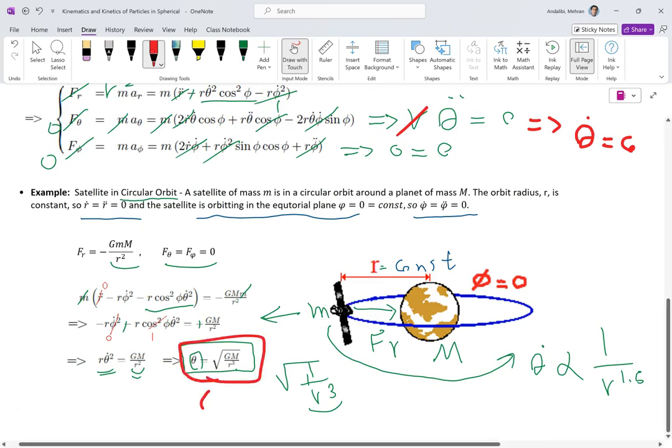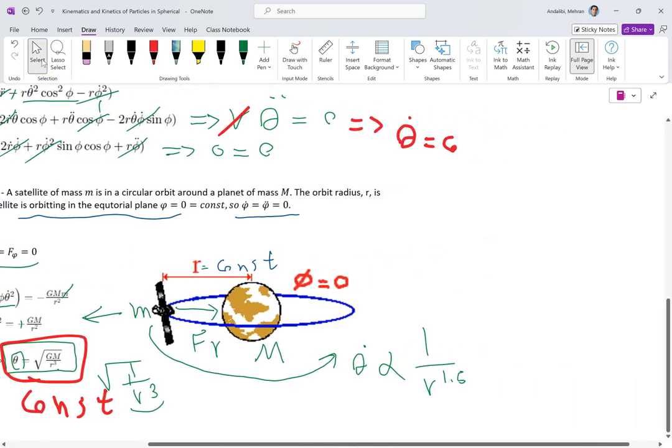This one here is a constant, as you can see, because once r is constant, G and M are constant, then theta dot is constant. And that means theta dot is constant, or theta double dot is equal to 0, which you see this equation is also satisfied.